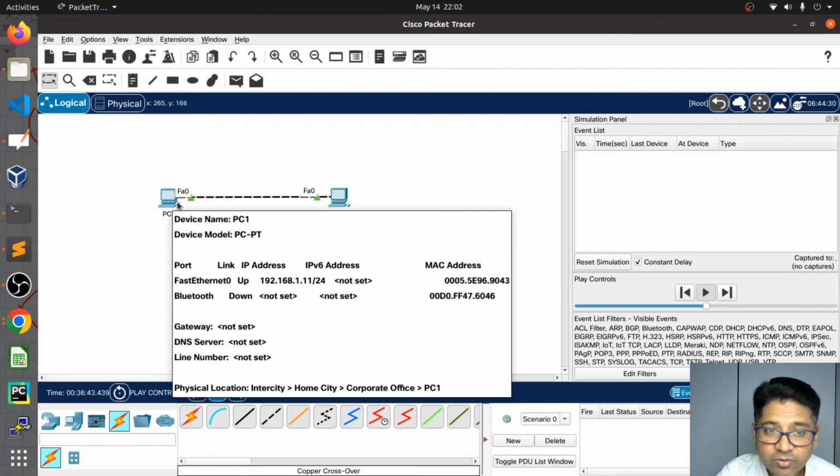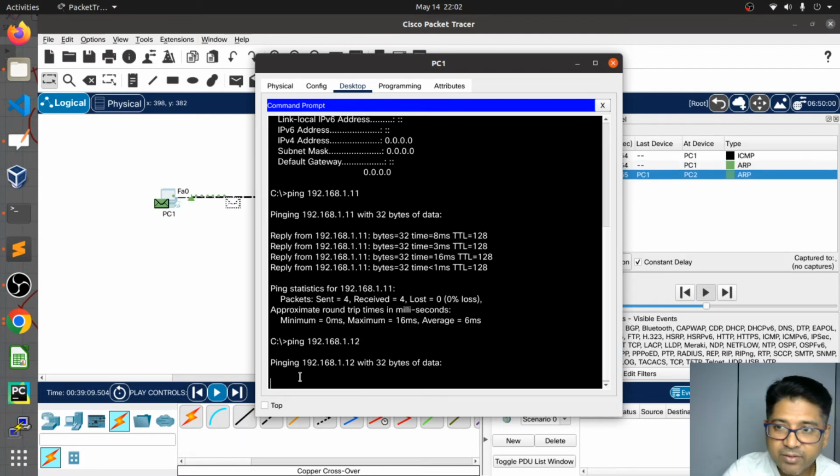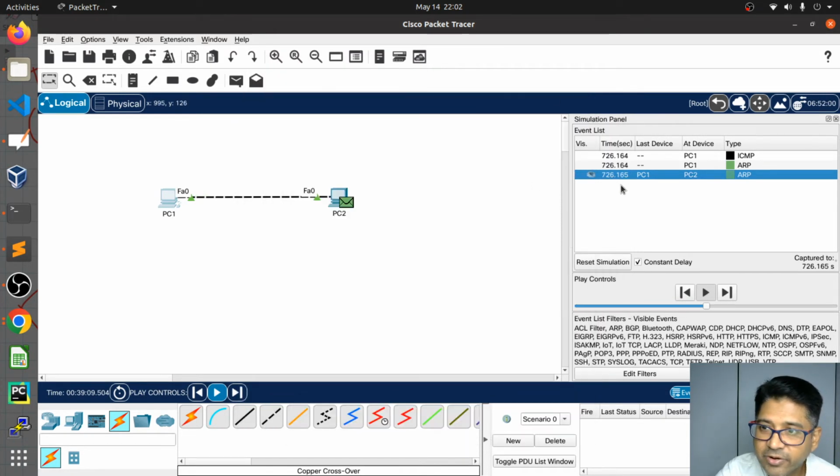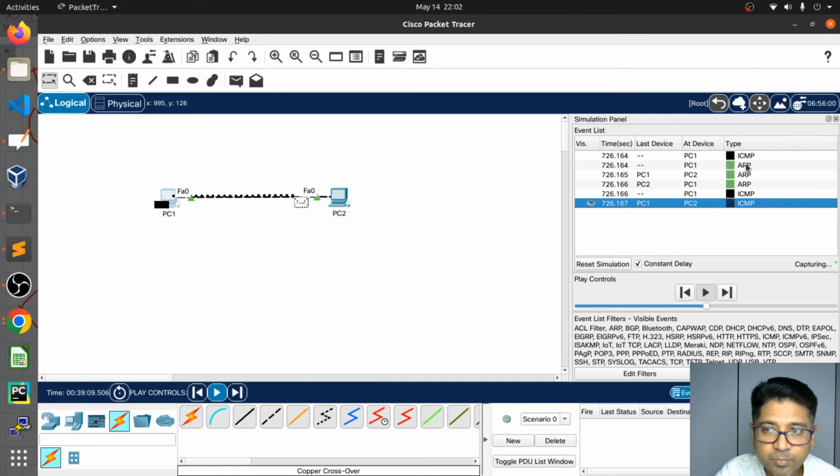So let's do that. This time I'm going to ping to whom? To my other PC. Now you can see the packets. There are two different packets generated: ICMP and ARP.